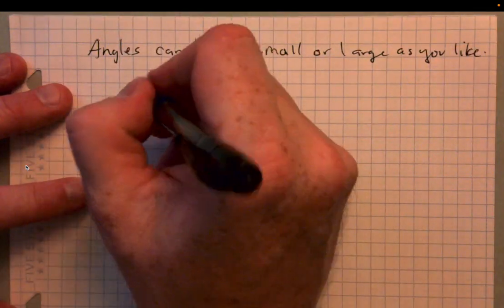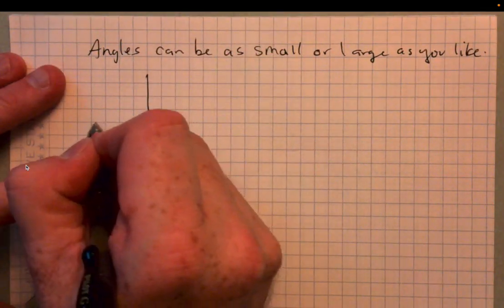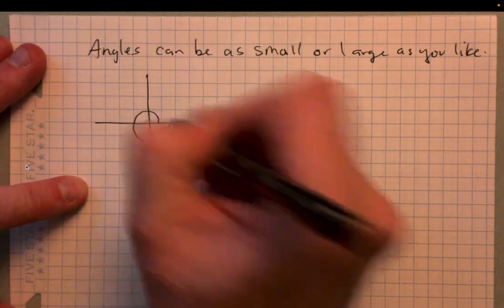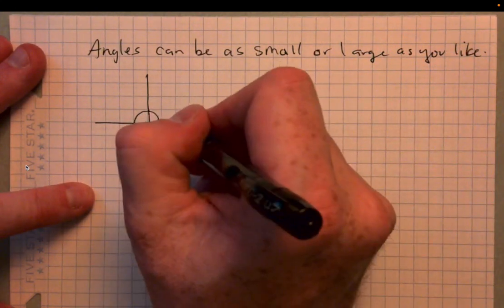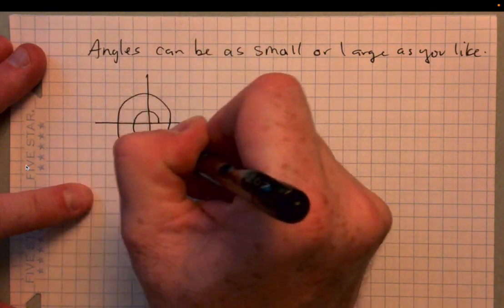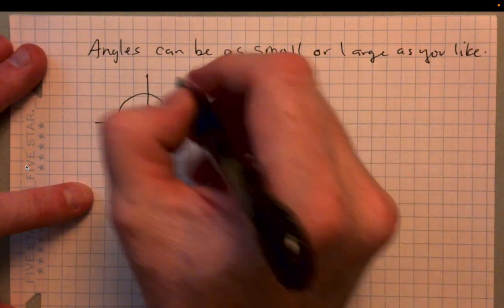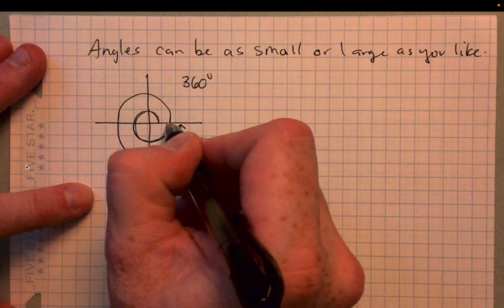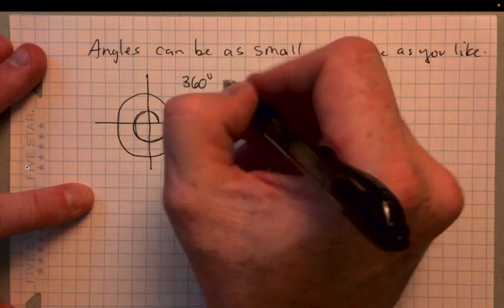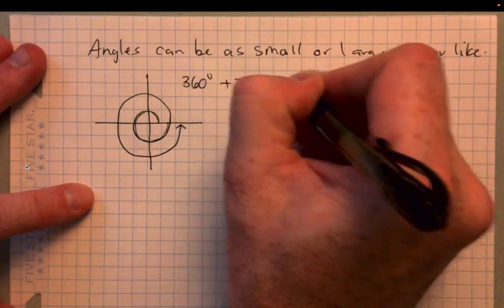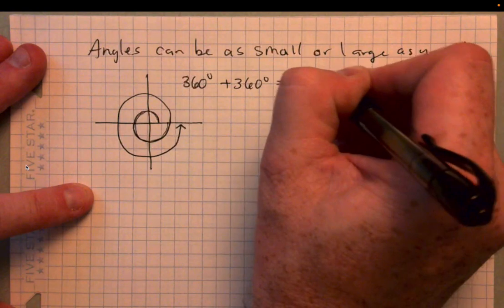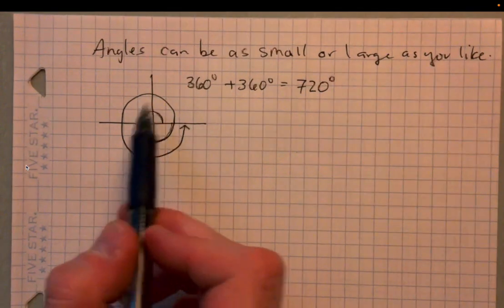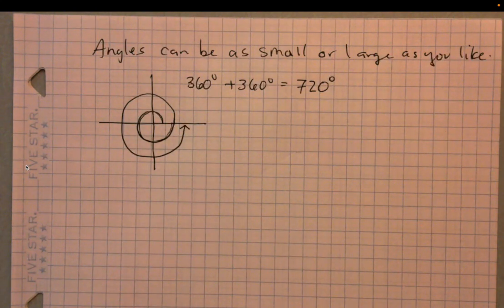For example, if I rotate all the way around, that's 360 degrees, but I could keep going. So I would have 360 degrees, and then another 360 degrees, and that would get me a total of 720 degrees. This is an example of an angle that's 720 degrees.